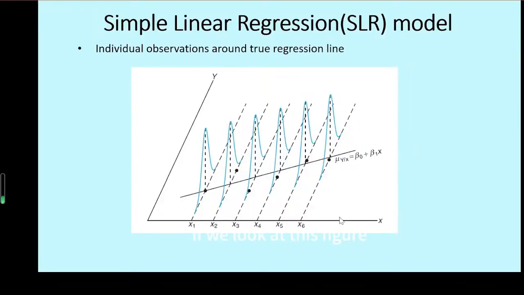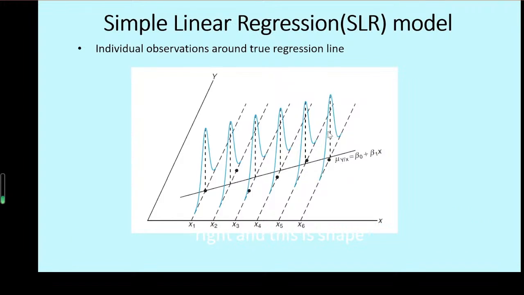If we look at this figure, x1 to x6, it shows like a 3D figure in the two-dimensional space. So this is x and this is y. This is the deterministic relationship between x and mu y given x. So this line can be seen as the average value of the dependent variable for a given x, right?